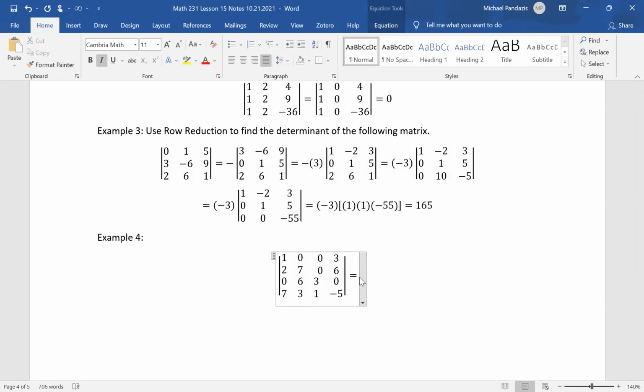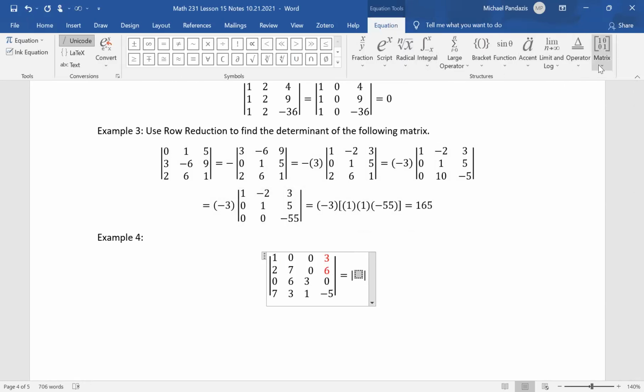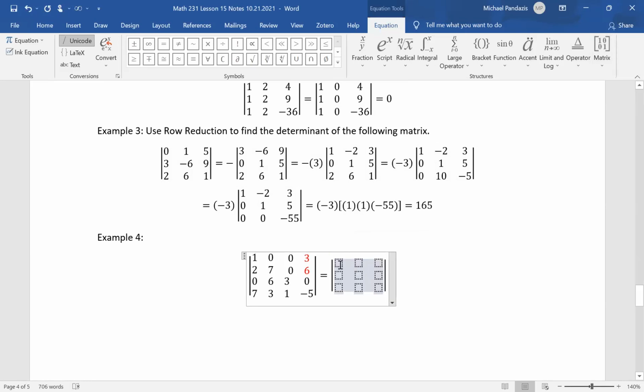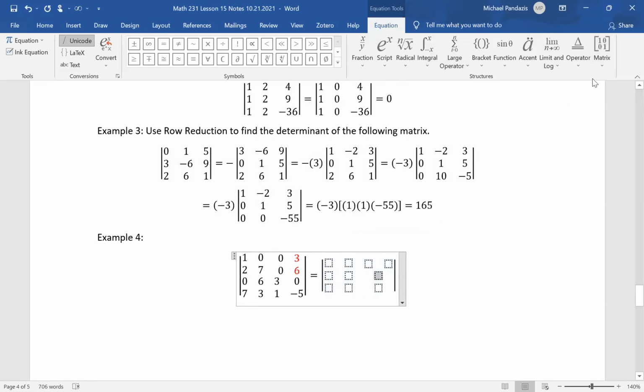Okay, so now we have this matrix, and what we have to do is make this into a lower triangular matrix. There's this 6 here and this 3 here, which are not good because they prevent it from being a lower triangular matrix. We fix it by getting rid of them using elementary row operations, and then we can find the determinant.